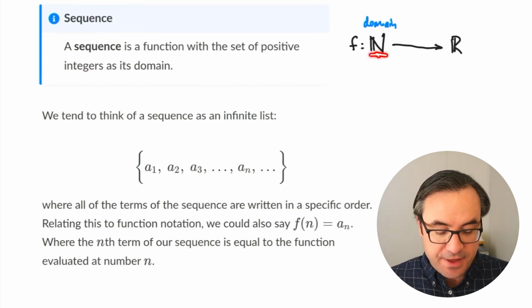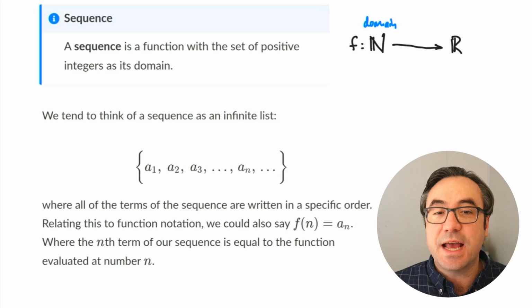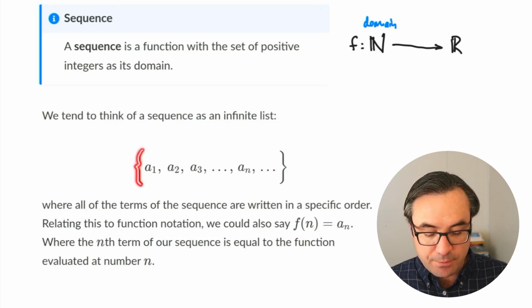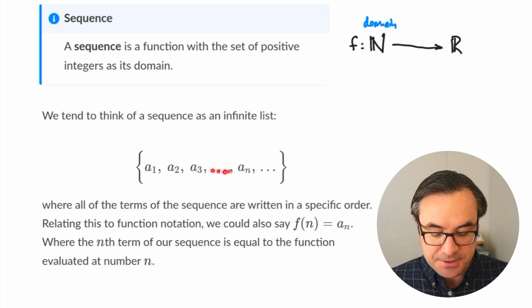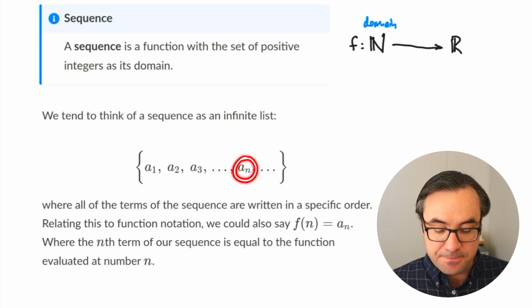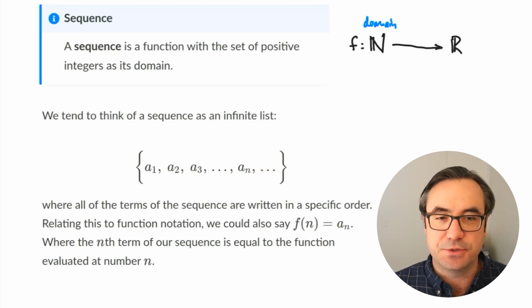A way to think of this, rather than a function, is we can think of a sequence as an infinite list. A lot of times we'll use curly brackets, write out the first few terms, then put some dots, then the formula for the general term, a sub n, and more dots to indicate that the sequence continues.